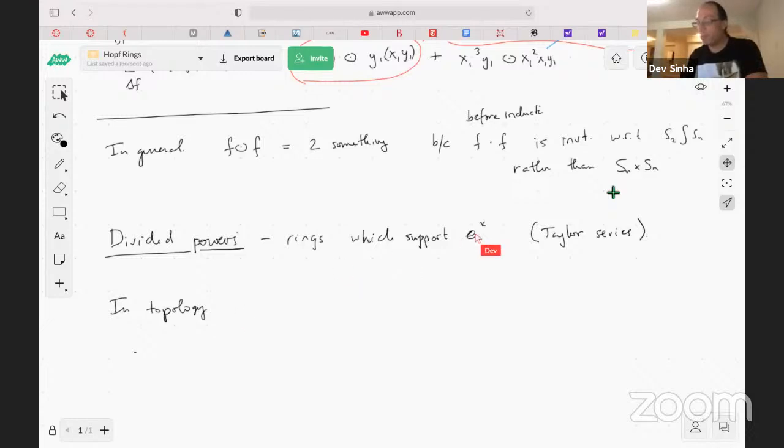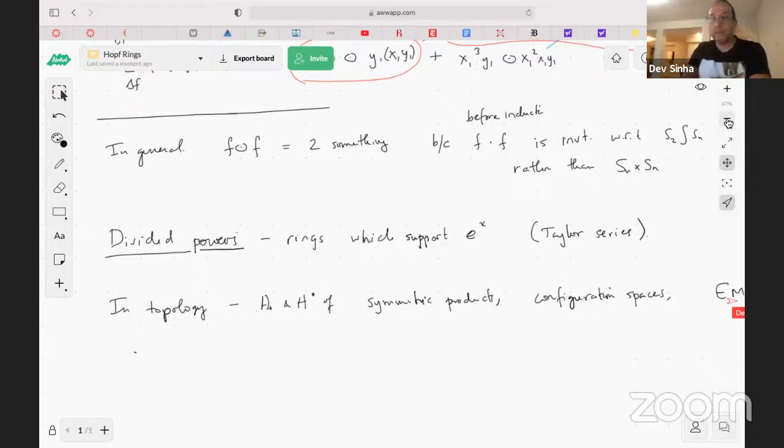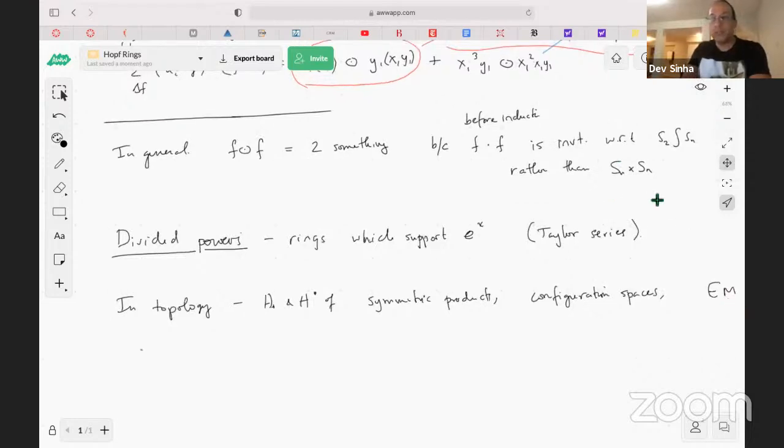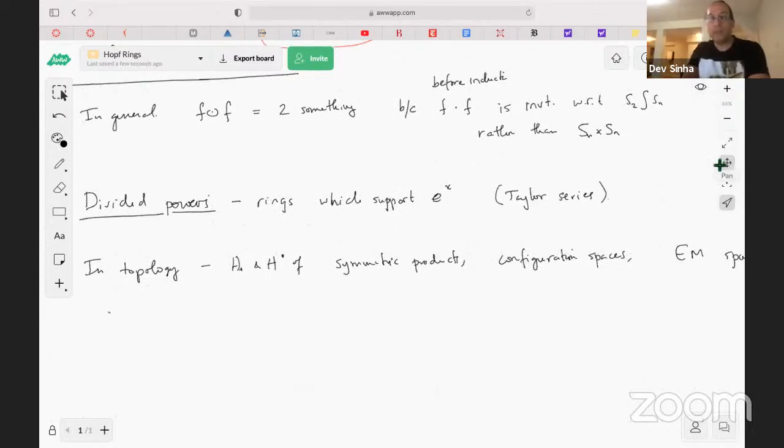And so you've got basically homology and cohomology of things like symmetric products, configuration spaces, and actually Eilenberg-MacLane spaces, and that's the first example I wanted to discuss. So let's look at RP infinity.